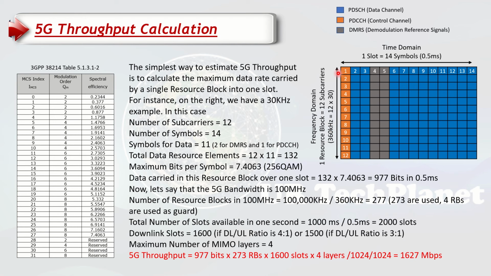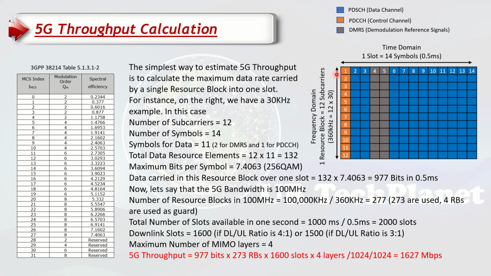Now I know that one resource block is 360 kilohertz. So how many resource blocks will be there in 100 megahertz? We just divide 100,000 by 360, that makes out 277 resource blocks. Now we know that some RBs are used as guard band on both sides. So the maximum RBs that we can use in a 100 MHz channel will be 273.